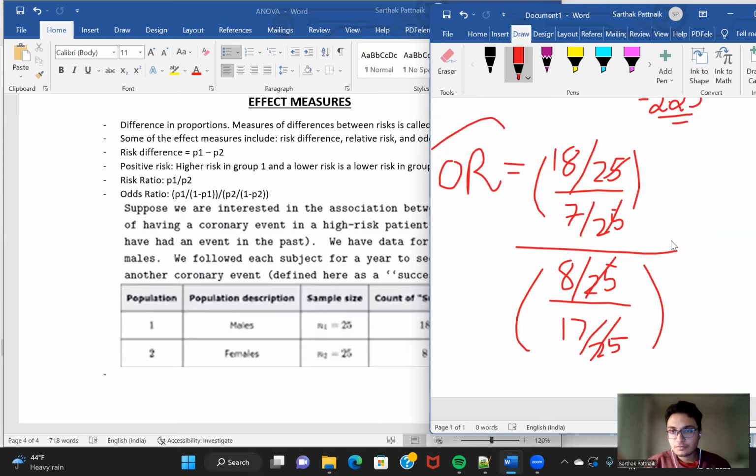So we have 18 into 17, divided by 7 into 8.